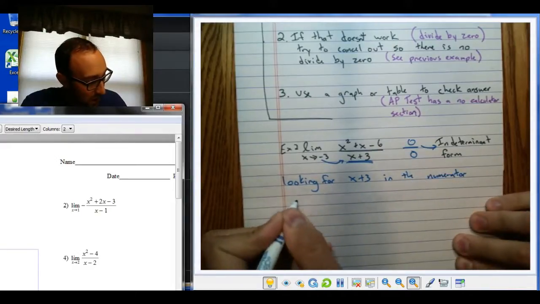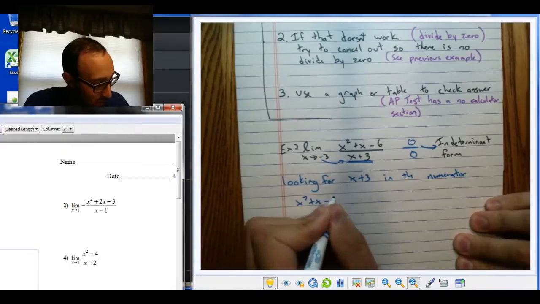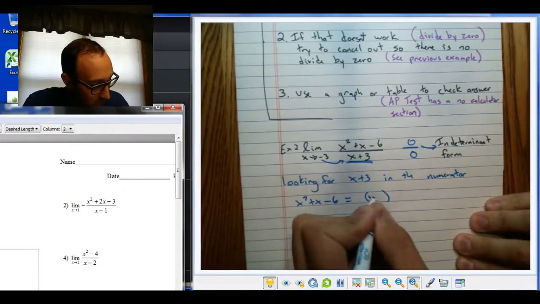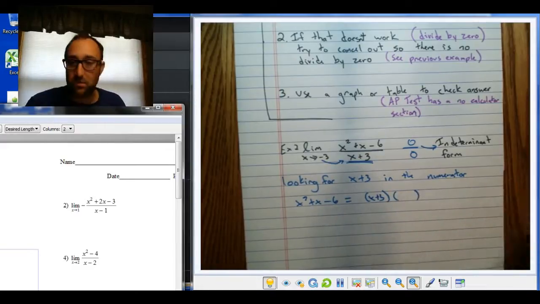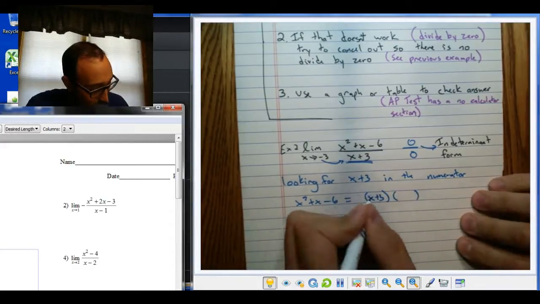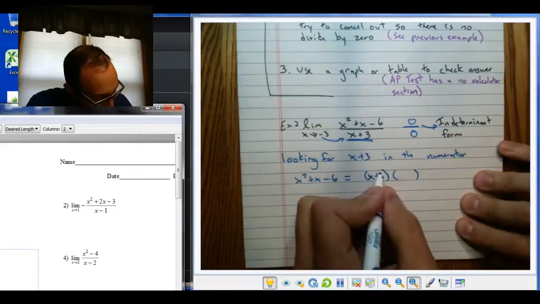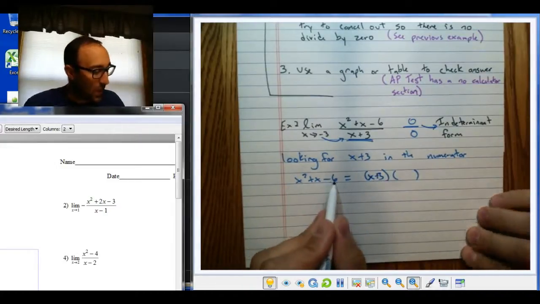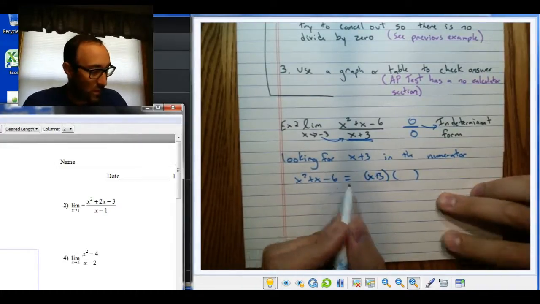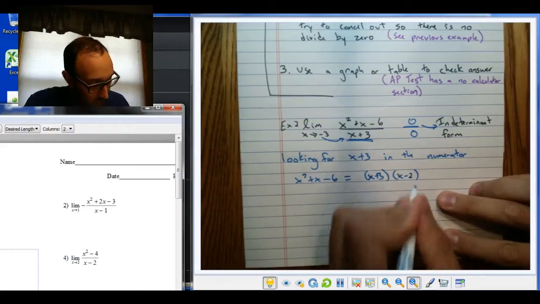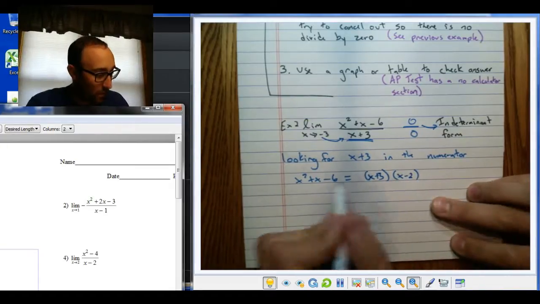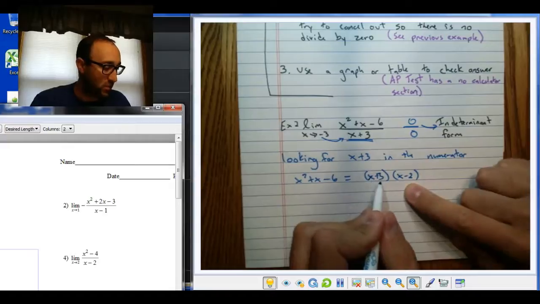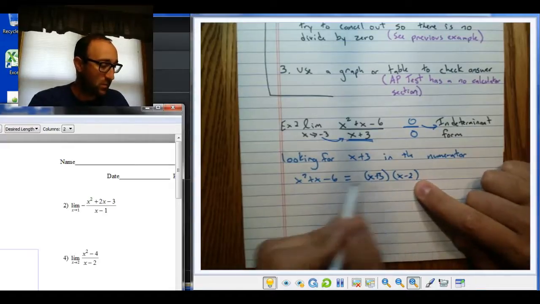Can I get x squared plus x minus 6 equal to x plus 3 times something else? X plus 3. Okay, so I know that 3 times negative 2 would be negative 6. So if I do x minus 2, let's just make sure this checks out. If I FOIL, x squared minus 2 plus 3 is plus 1. 3 times negative 2 is negative 6.